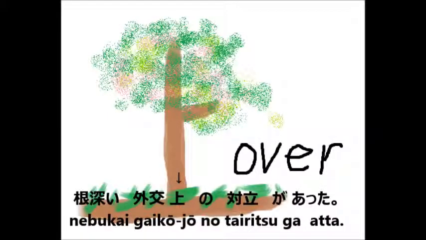Gaikojo means diplomatic. The first character means other or foreign. The second means association or mingling, and the last means over, above, or top. I'm going to say that diplomatic means top foreign officials mingling together. I actually only talked this much to show you my awesome picture of the character for over or top.